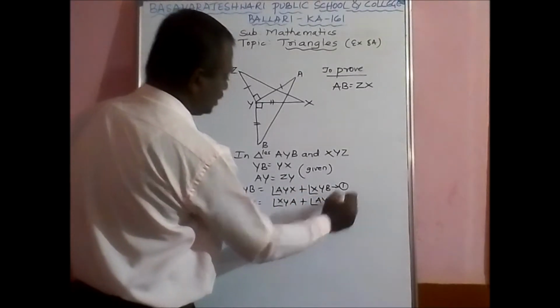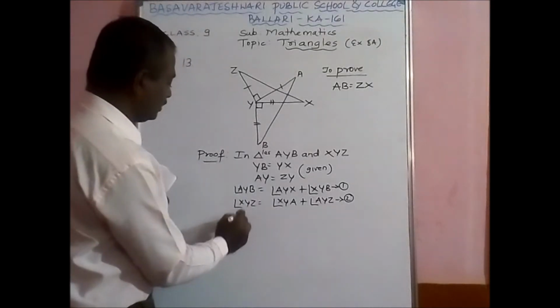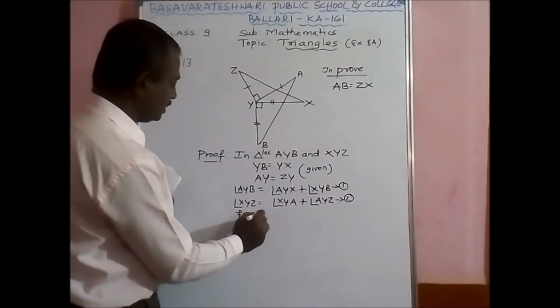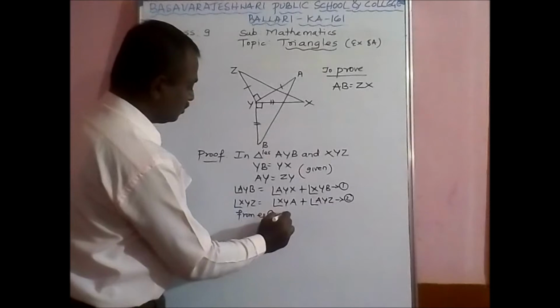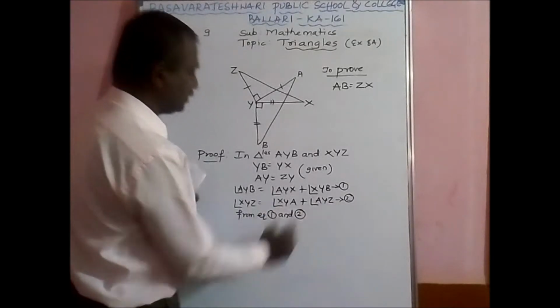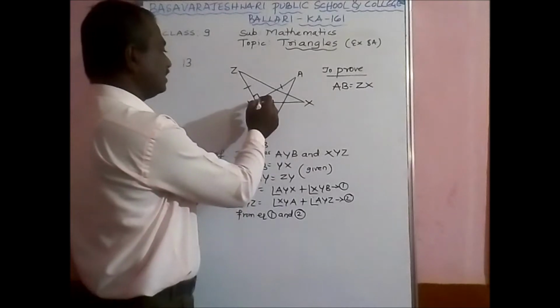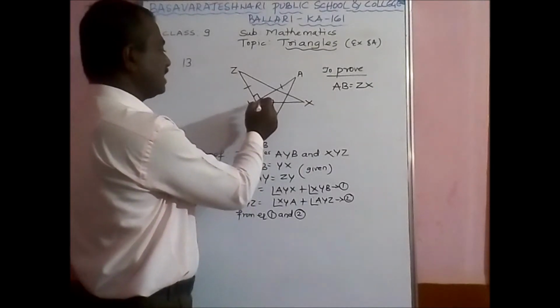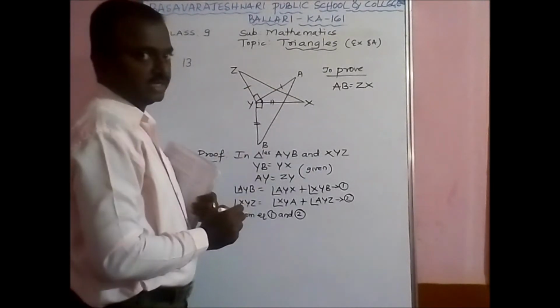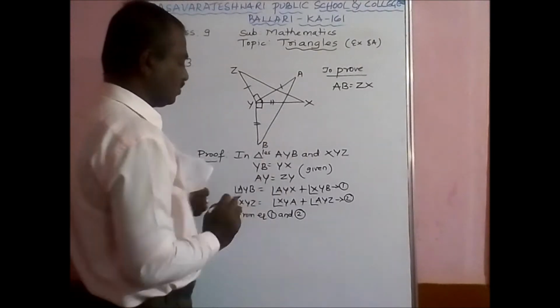Equation number 2. From equation 1 and 2, what will you observe? AYX or XYA is a common angle. This angle is common for both the triangles. Correct? So therefore it is equal.